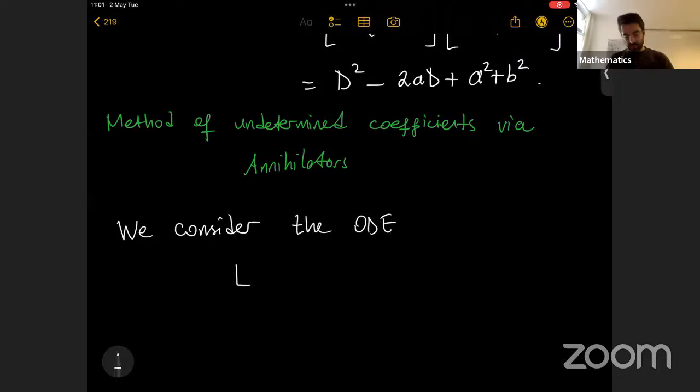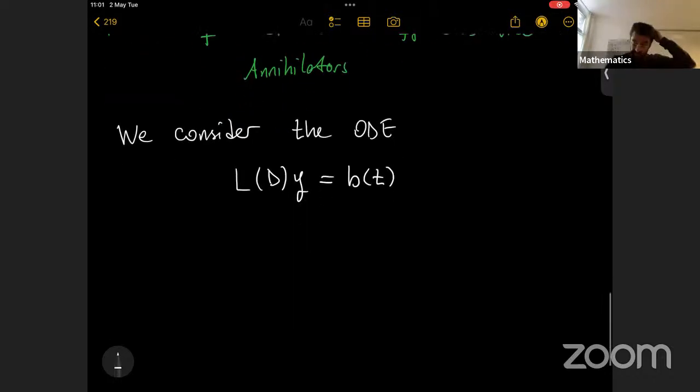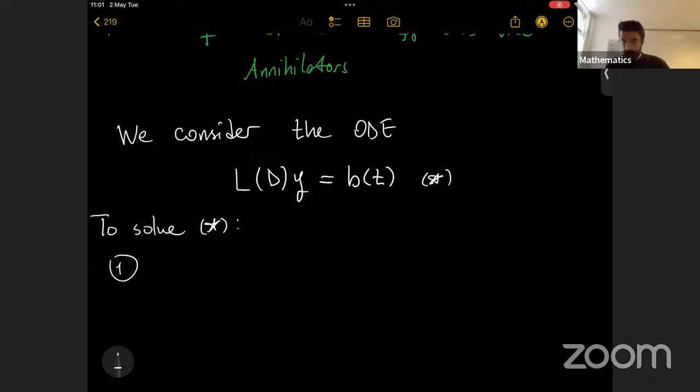You remember any linear ODE can be written as L(D)y equals b of t, right? We will solve this equation. Let's call it star. To solve star, what we do is we find the annihilator of b of t.